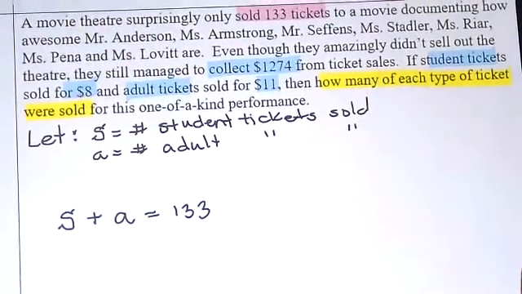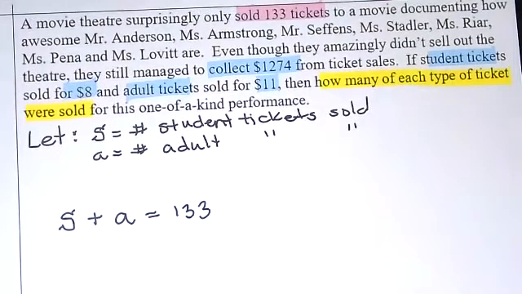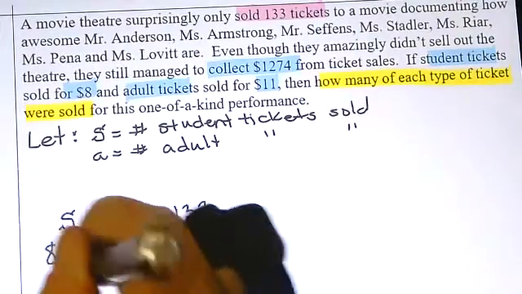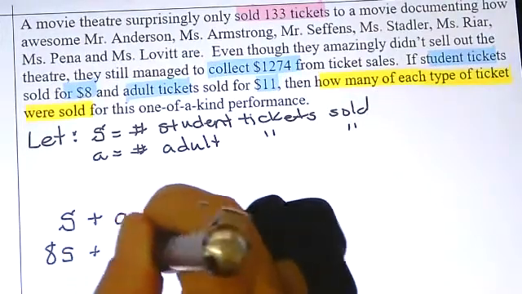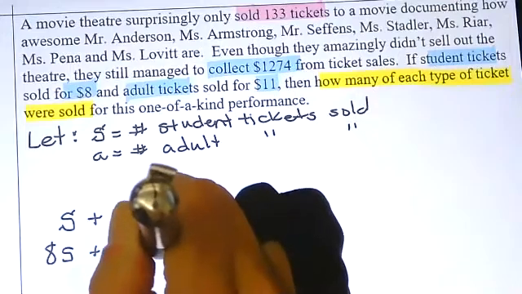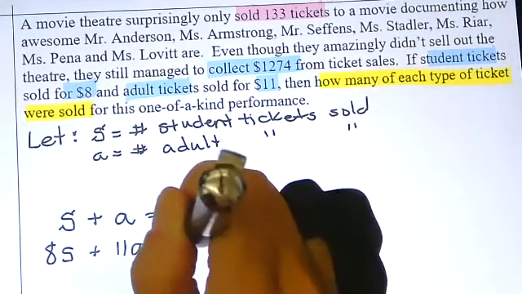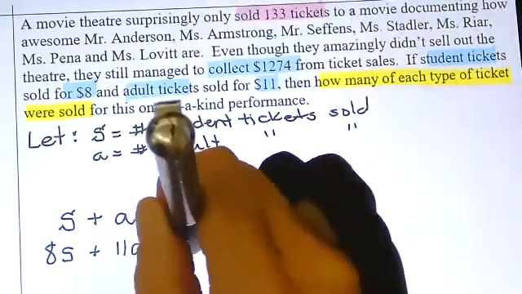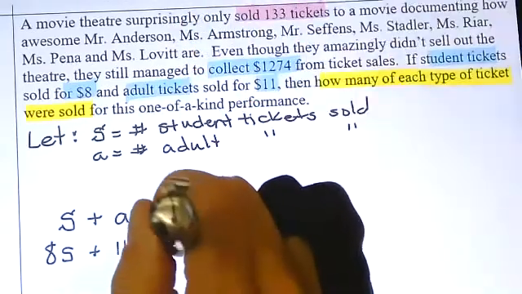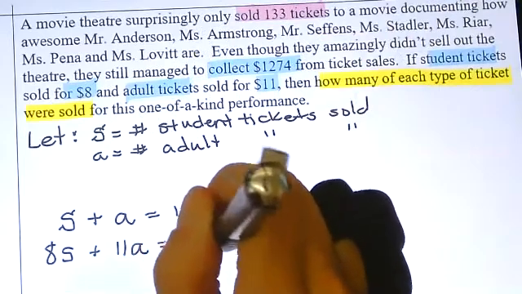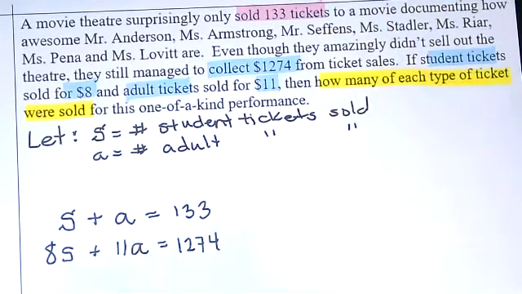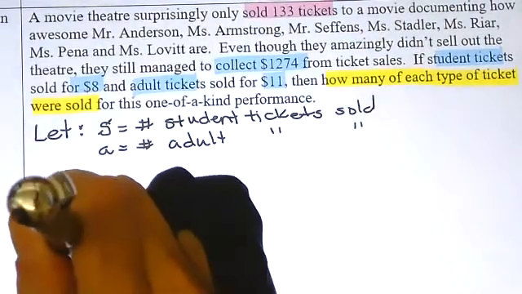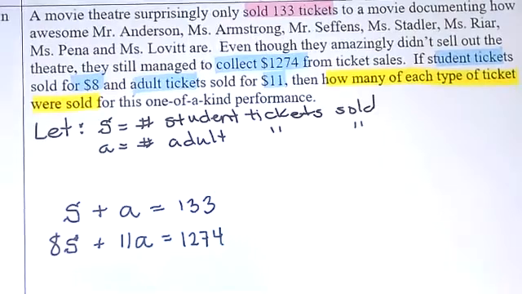So we can calculate and set up an equation for the total amount of money that was collected by knowing that $8 for every student ticket, plus they also collected $11 for every adult ticket for a total of $1,274. I'm going to make that 74 look better. Sometimes I cross my 7s like they do in Europe, and sometimes I don't. But that is an S, not a 5.